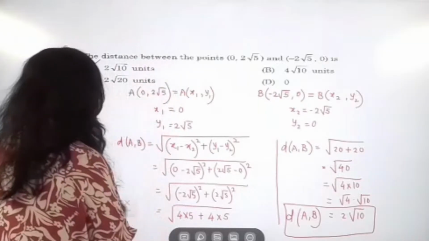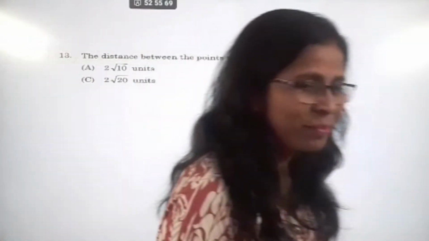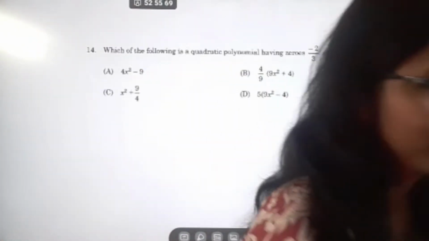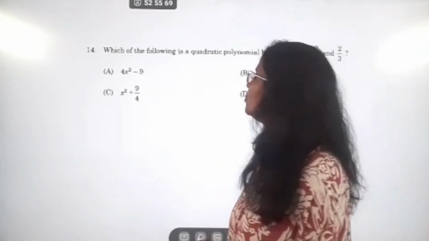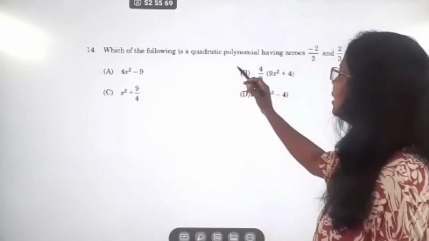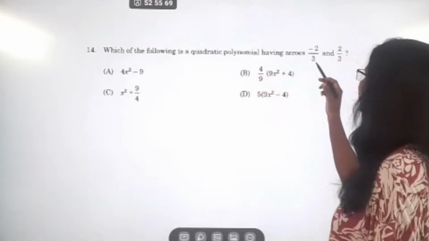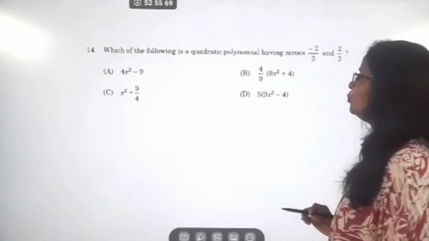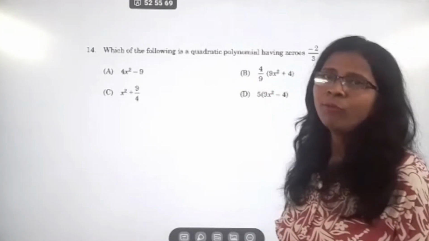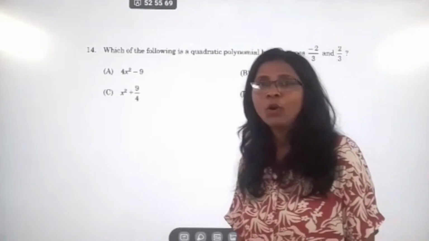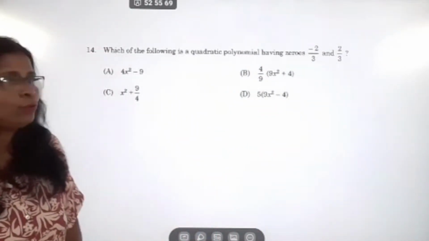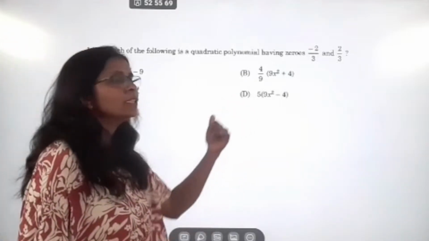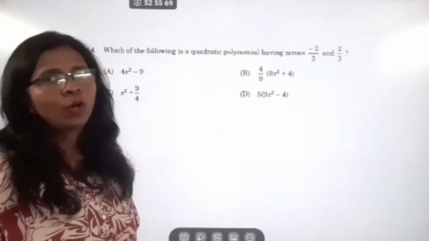So now, students, the next example. Okay, these are the easy examples, students. Carefully observe. Which of the following is a quadratic polynomial having zeros minus 2 upon 3 and 2 upon 3? Yes, students, here we have to form the quadratic equation, and the given information is the zeros of the quadratic equation.